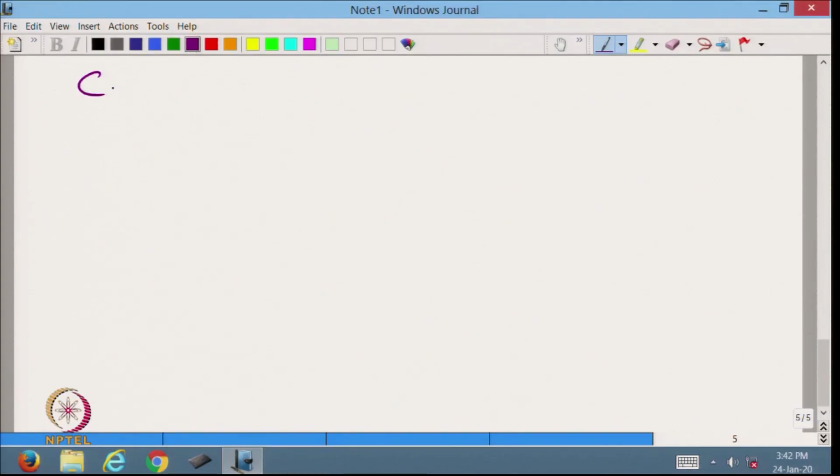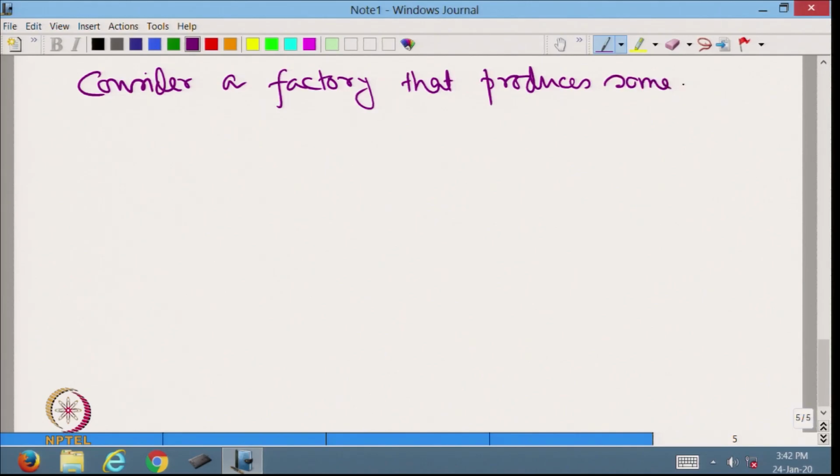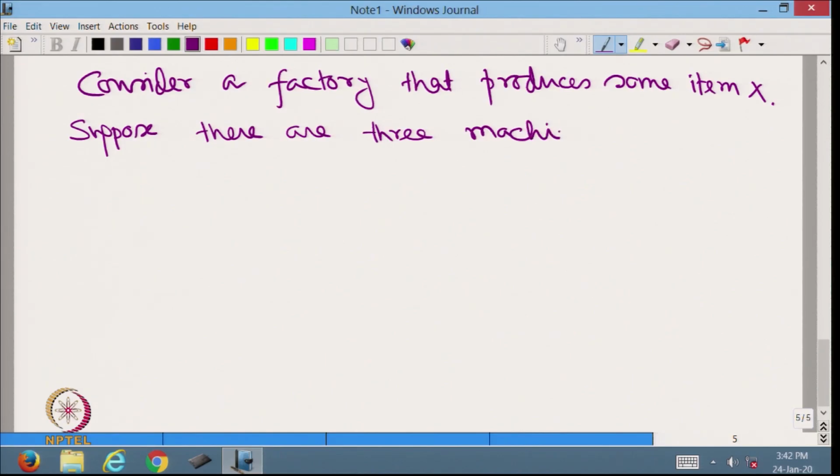For example, consider a factory that produces some item, say X. Suppose there are 3 machines M1, M2 and M3.